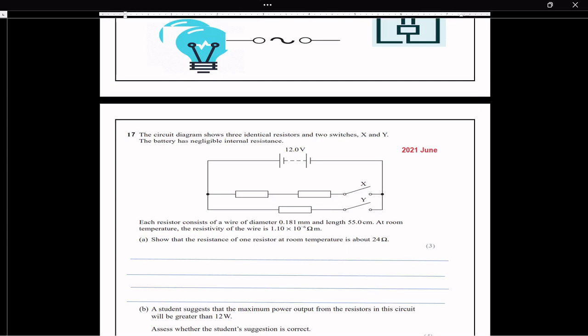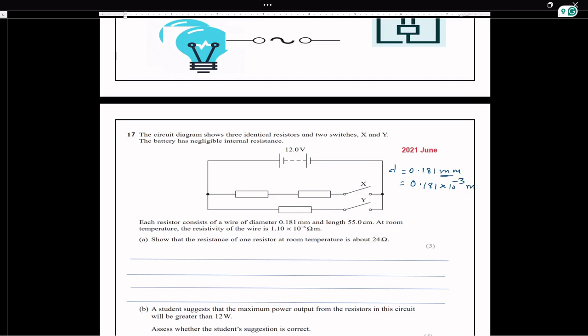So let's see what are all the informations given. It's given the diameter. So the diameter is 0.181 millimeter. So we have to change it into meter. So 0.181, the prefix milli has a value of 10 to the power of negative 3.